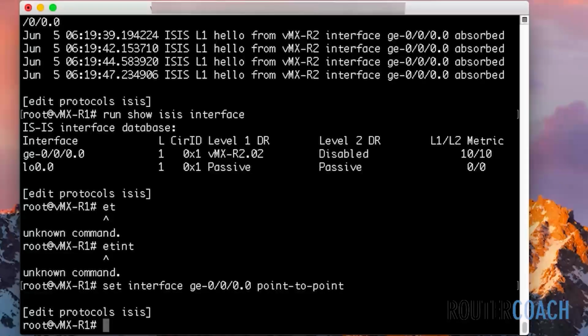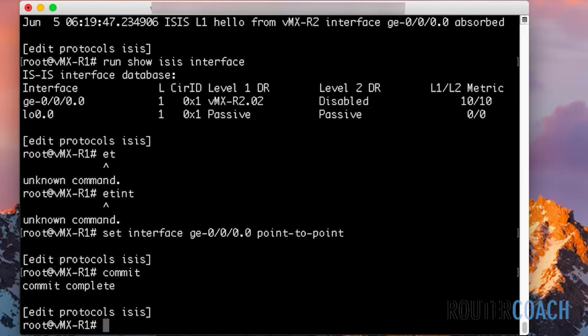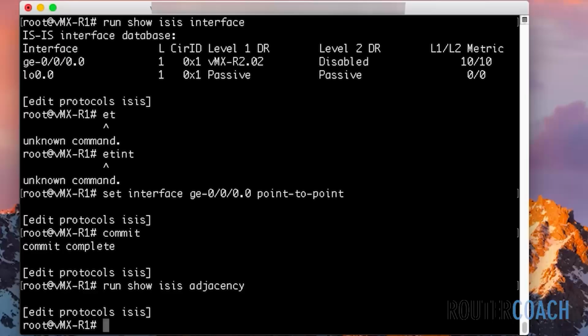And when you set it to point-to-point, it will make sure that there's no designated intermediate system. So that should bring down the adjacency because I don't have it running on the other side. Yeah, let me just jump onto R2 and bring that up.